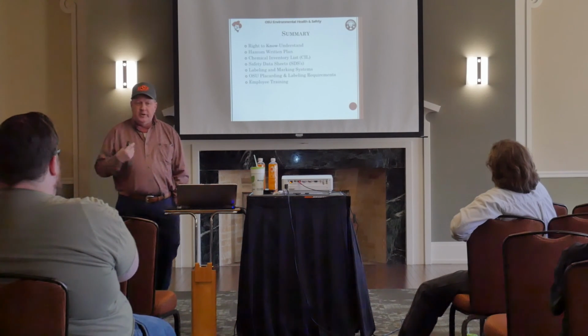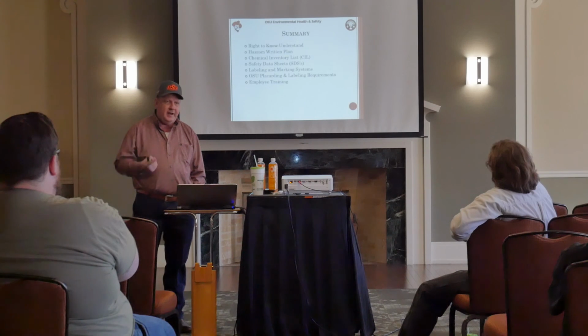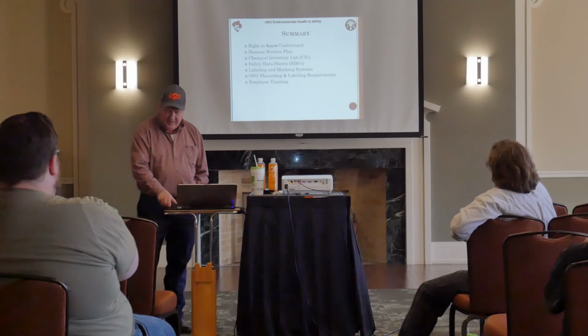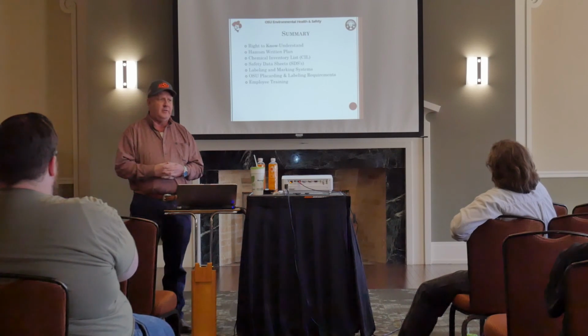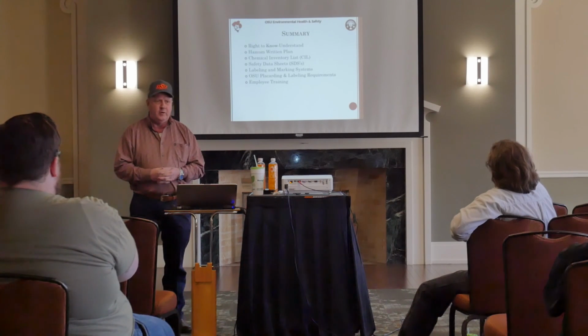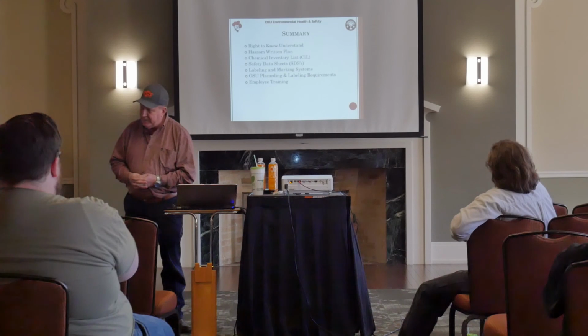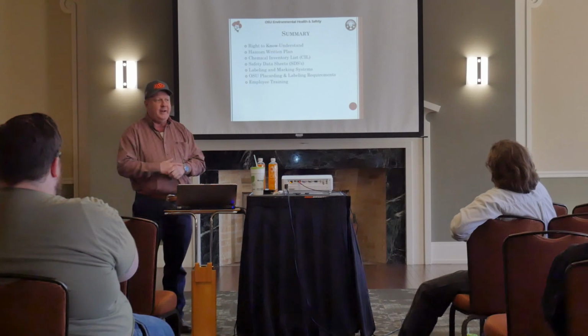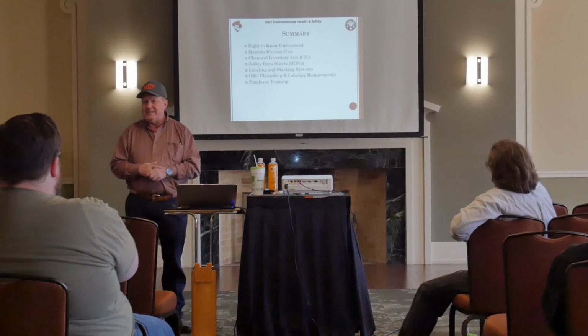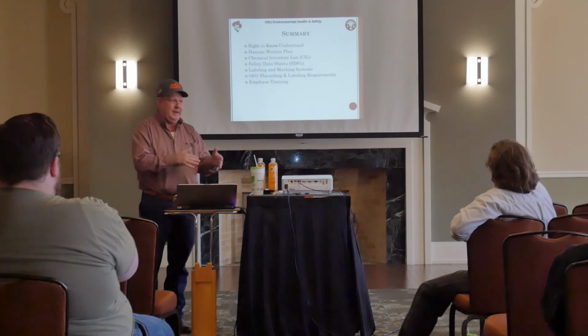Do me a favor: when you go back to your work environment, find out exactly what kind of chemicals you work with. Ask your supervisor or your foreman, whoever you work for, where the safety data sheets for these products are. Next, find out who's doing the chemical inventory list in the department that you work in.